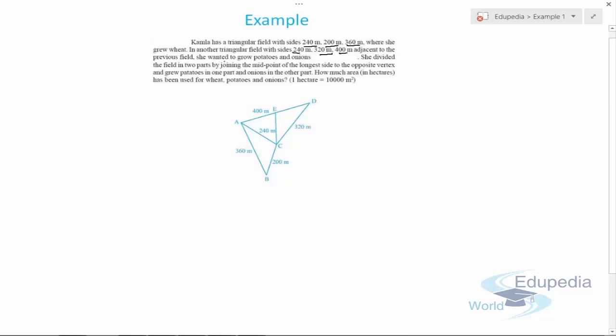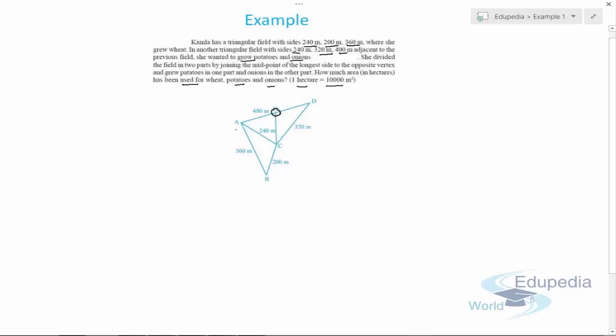In this field she wanted to grow some potatoes and onions, and she divided the field into two parts by joining the midpoint of the longer side, let's say E is the midpoint, to the opposite vertex C, and grew potatoes in one part and onions in the other part. So how much area has been used for wheat, potatoes and onions? We need to find three different areas, and it's given that 1 hectare equals 10,000 square meters, so we need to find the area in hectares.